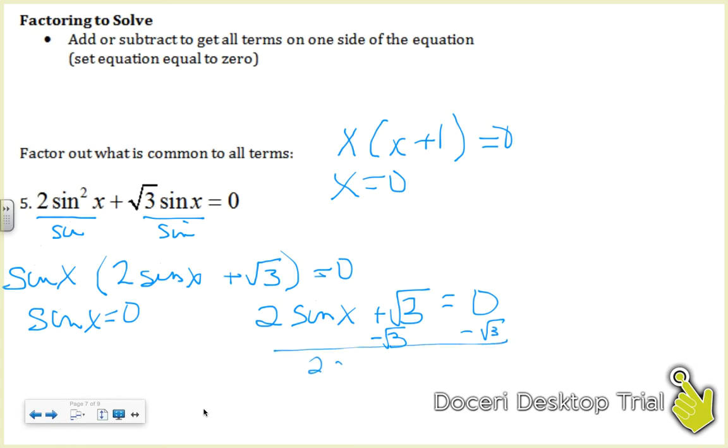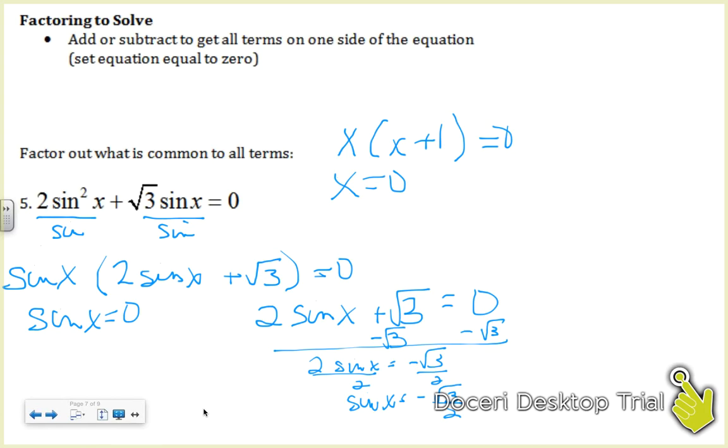I'm left with 2 sine x is equal to a negative square root of 3 divided by 2. So I'm pretty fast when it comes to simplifying equations and solving for variables of x. I'm just applying the algebraic equations that you used before. Sorry, the Doceri desktop trial is right there, but that is a negative square root of 3 over 2.